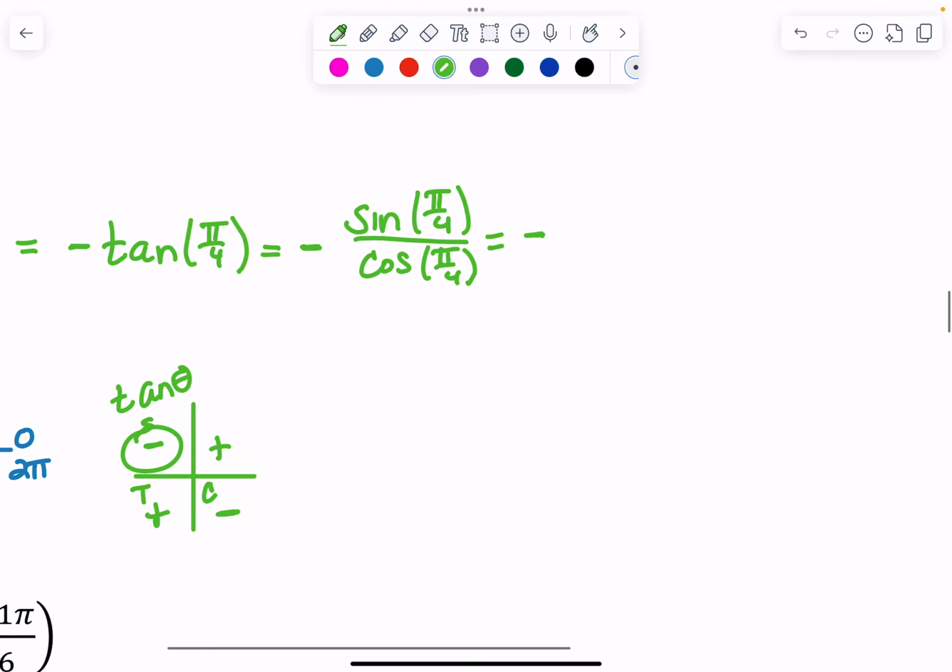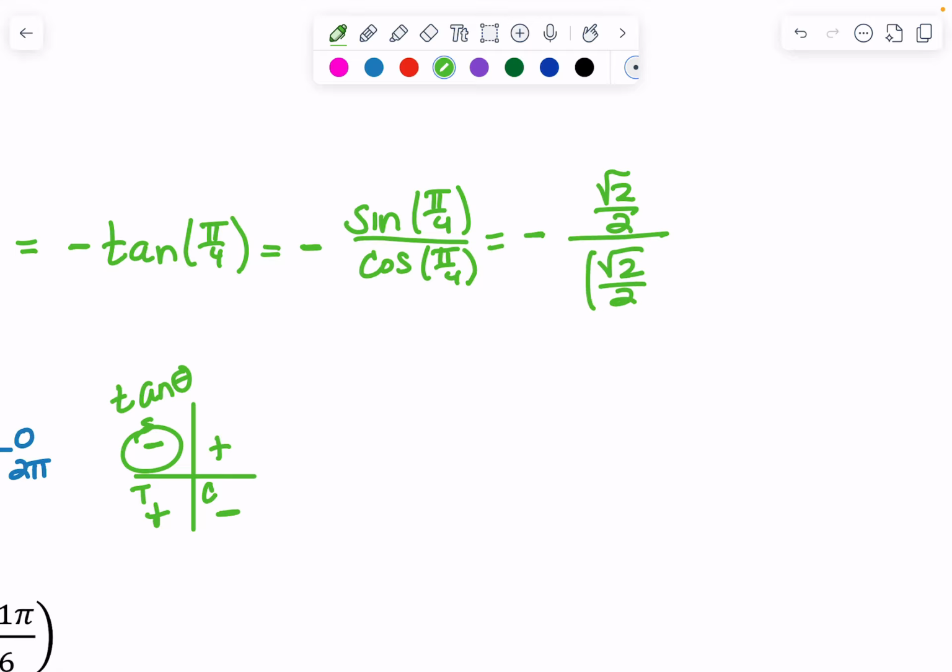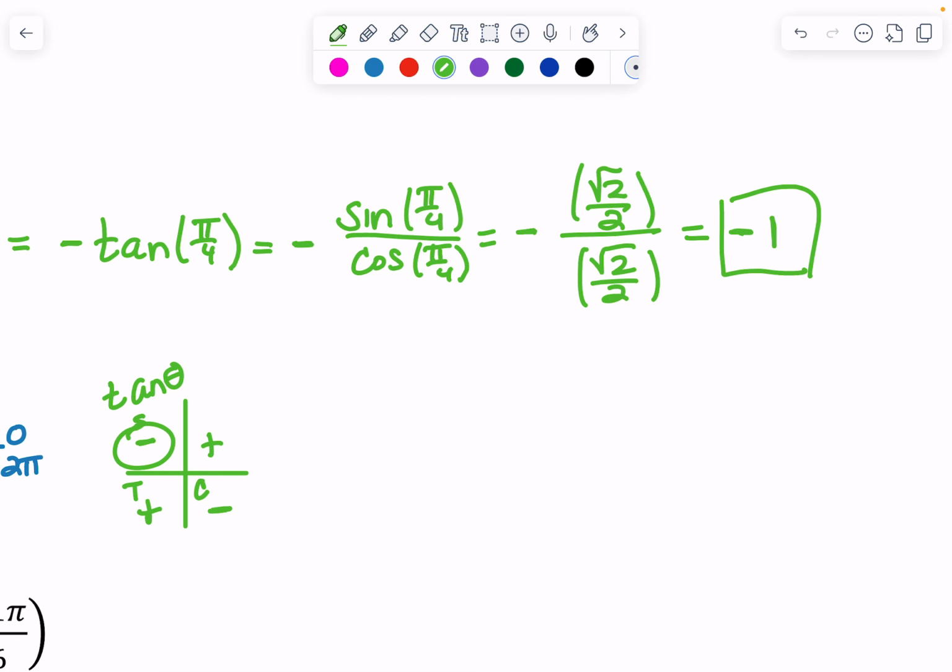If you take a look at your unit circle, you'll note pi over 4 is where sine and cosine are the same. That's like that 45-degree angle. So I get a root 2 over 2 for my sine and a root 2 over 2 for my cosine. Those two are the same, so I have root 2 over 2 divided by root 2 over 2. It's still negative, so grab that negative, but it's going to be a negative 1 for you.